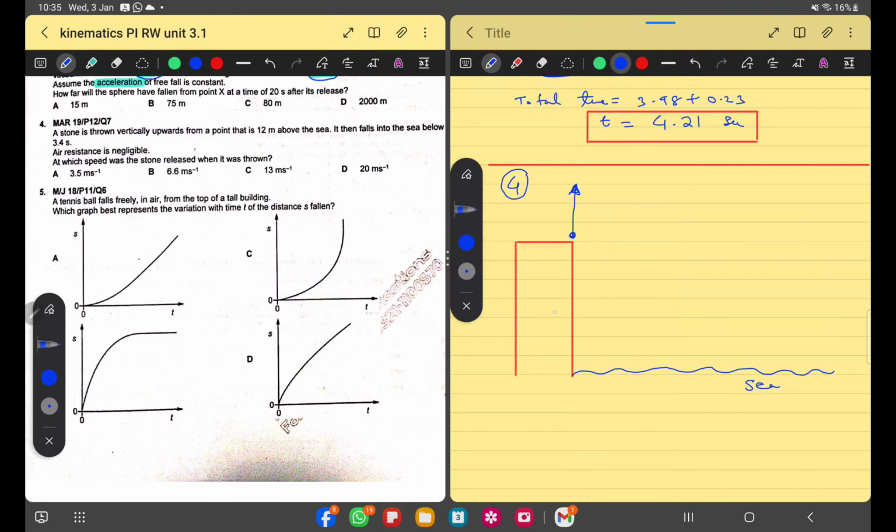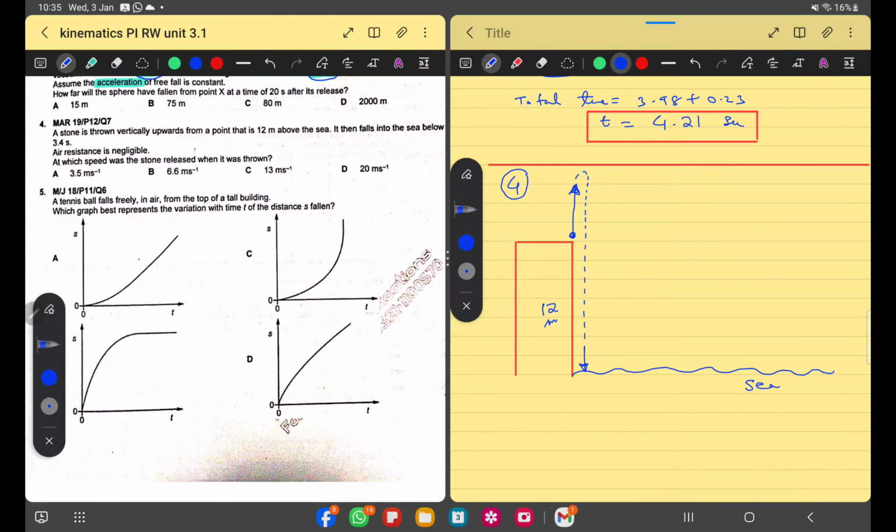This is sea and the throwing point is 12 meters above the sea. And it then falls into the sea.